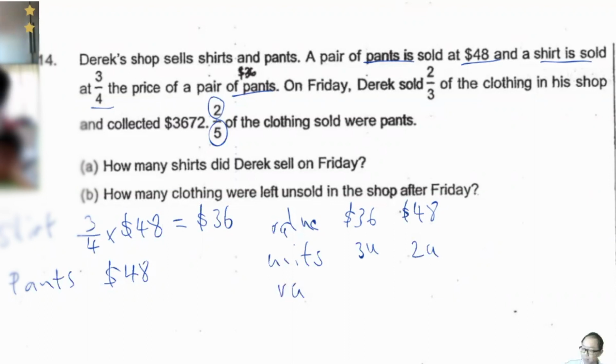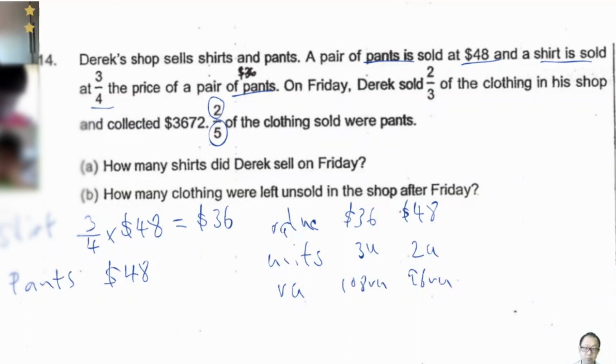So 36 times 3, a random guess. 36 times 3 is 108. Not money, huh? This is 108 VU. 48 times 2 is 96 VU.